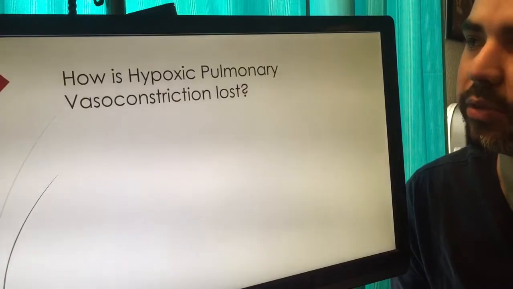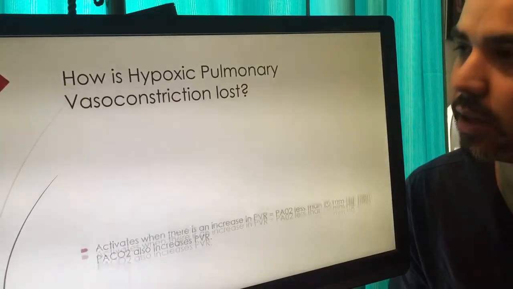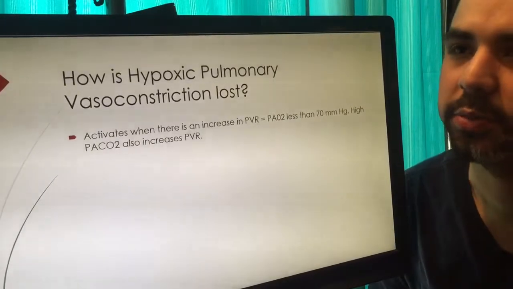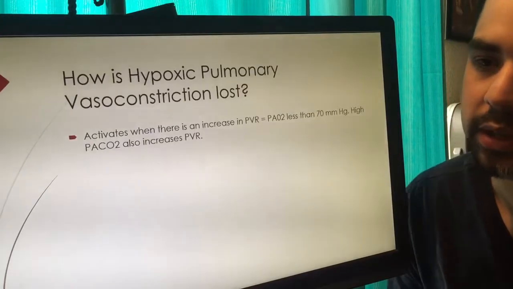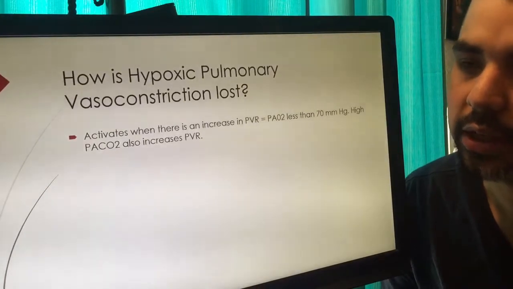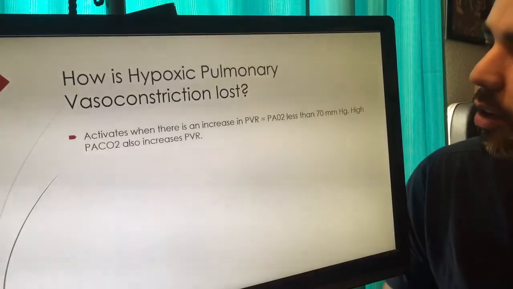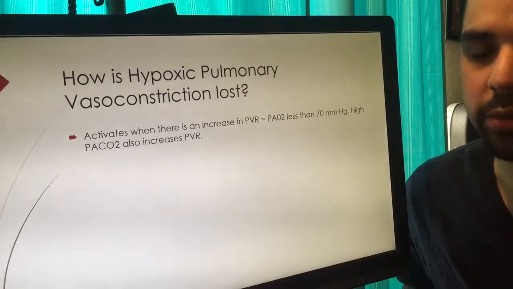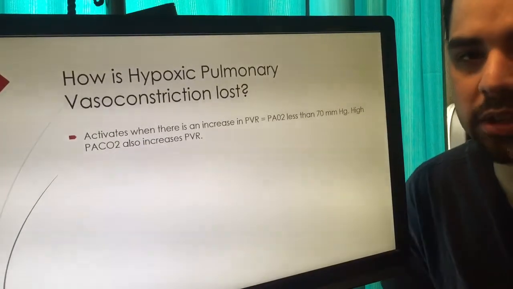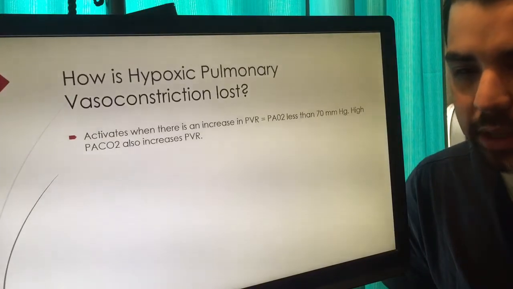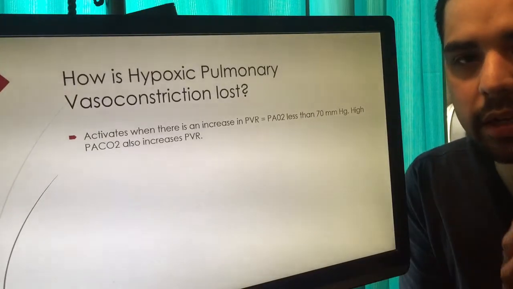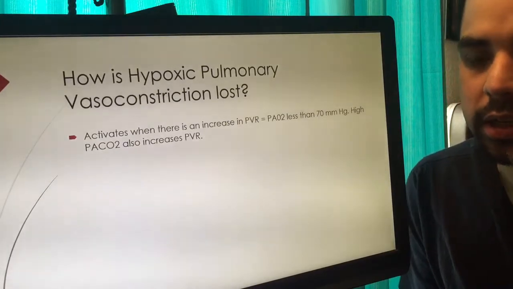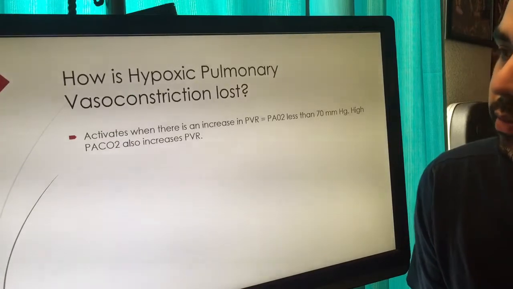And to talk about what HPV is, hypoxic pulmonary vasoconstriction, basically it's a normal response in the body when there's an increase in PVR, or there is a lot of carbon dioxide being built up, which is also whatever is increasing PVR, our pulmonary vascular resistance, that could then back up blood from entering certain parts of the lungs in different zones. So that's when it's activated.